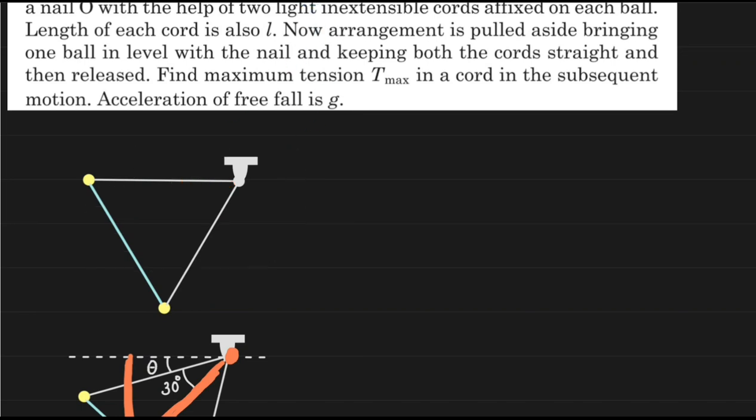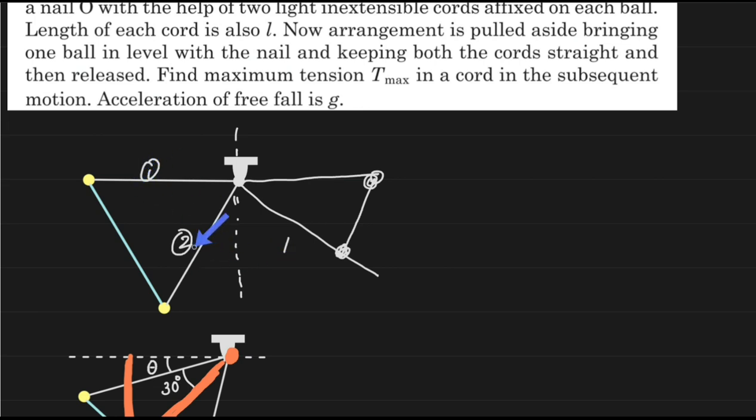So this is the starting position here, and let me call this string 1 and this string 2. Finally this string 2 will become horizontal on the other side and the string 1 will become like this, right? So the final situation will be a mirror image about this vertical line, right?